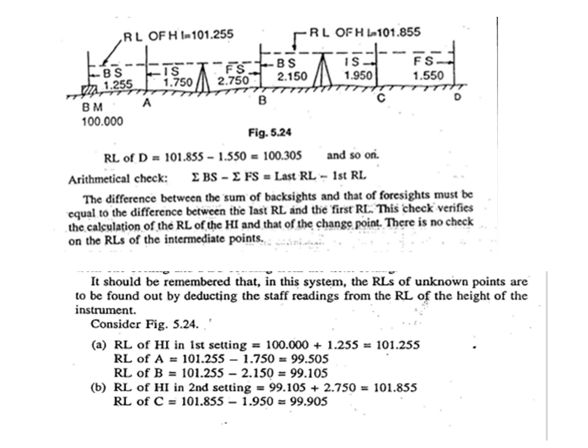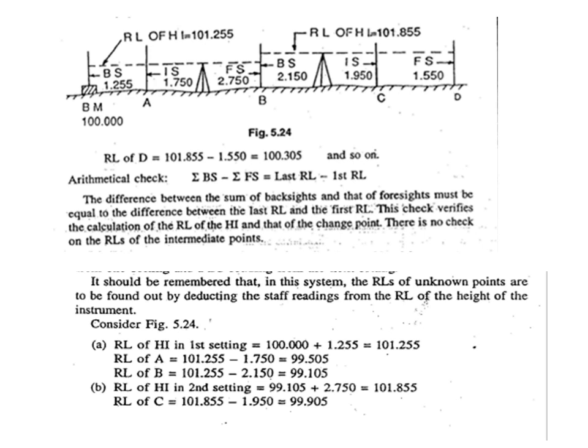So here in this slide you are going to see first of all the figure 5.24, in which there are two positions of instrument and the stop stations are at benchmark A, B, C, D. So when the instrument was set up in between A and B, first reading was taken on the benchmark, and since it is the first stop reading, we call it the backside reading.